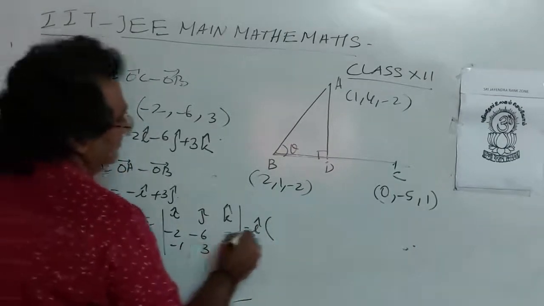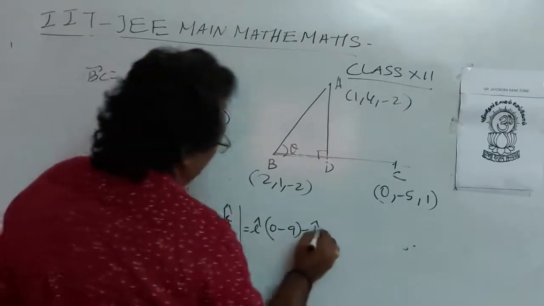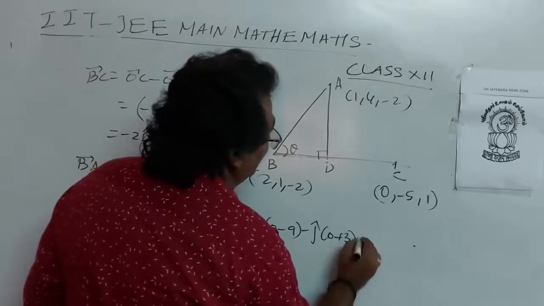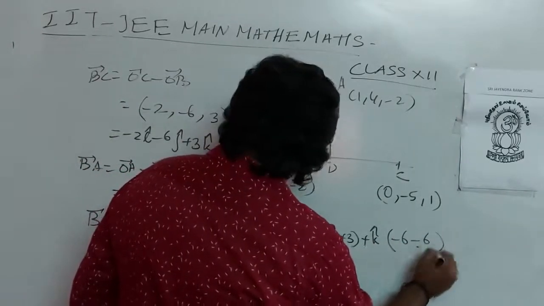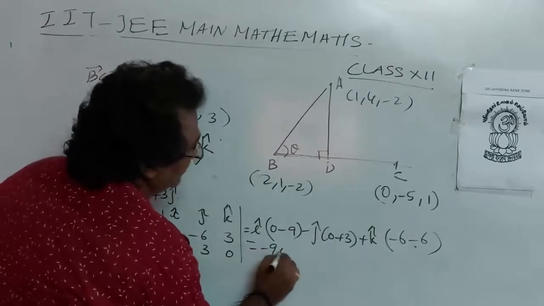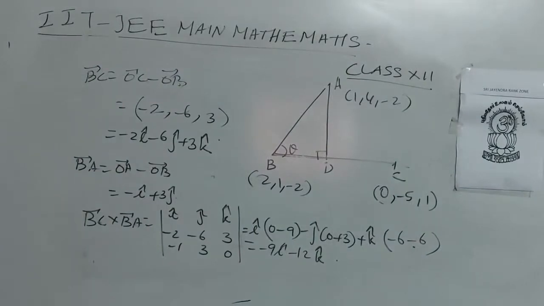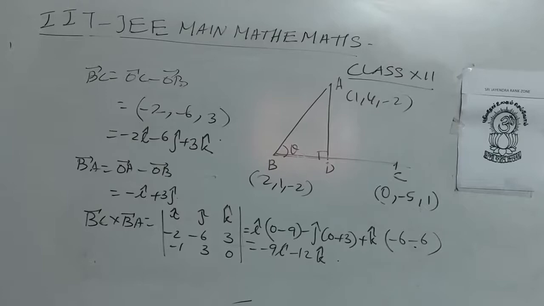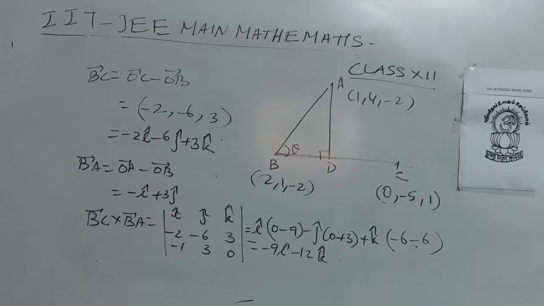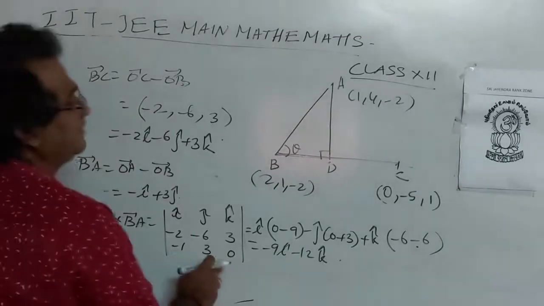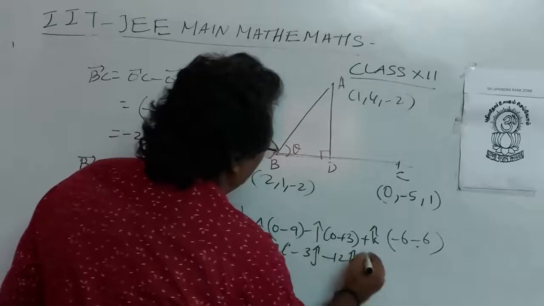So i vector into (0 minus 9), minus j vector into (0 plus 3), plus k vector into (minus 6 minus 6). That is minus 9i minus 3j minus 12k.